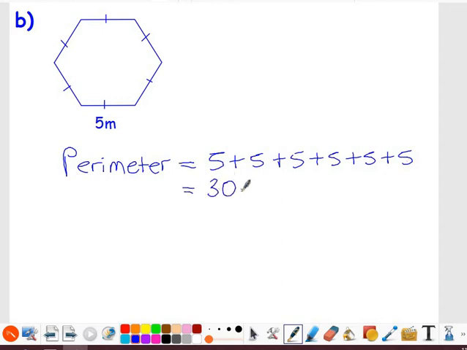So we know that it equals 30 metres. Or, a quicker way that you may have noticed with this, because all of the sides are equal, we can do 5 times, there's 6 sides, so there's 6 lots of 5. 5 times 6 equals 30 metres, and we can work it out that way.